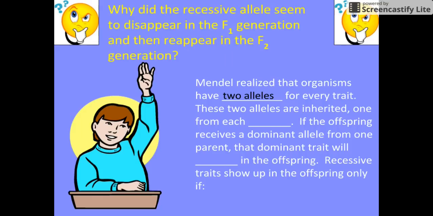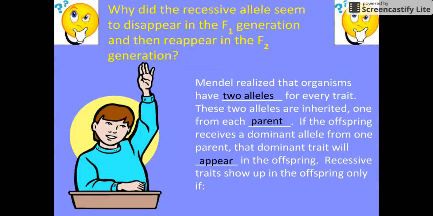Well, Mendel realized that organisms have 2 alleles for every trait, right? You get one from your mom, one from your dad. These 2 alleles are inherited, one from each parent. If the offspring receives the dominant allele from one parent, that dominant trait will appear in the offspring.